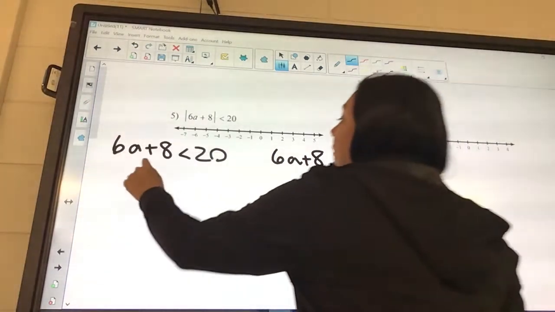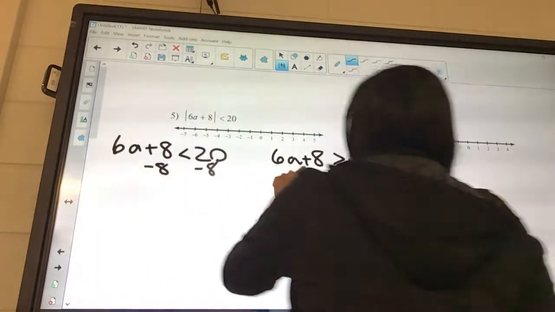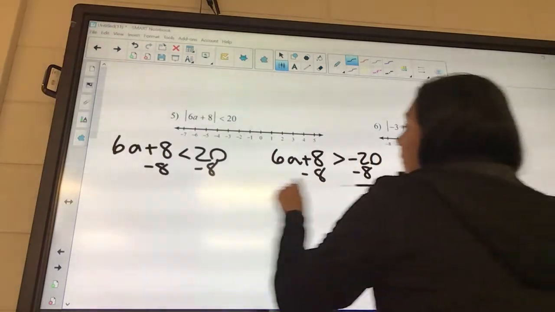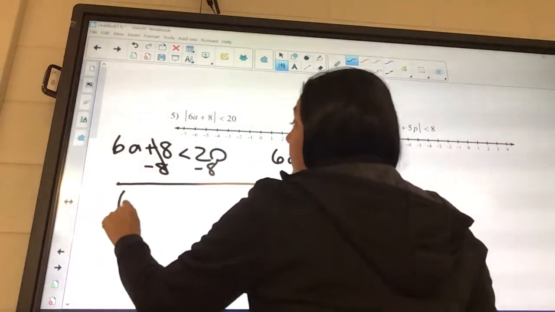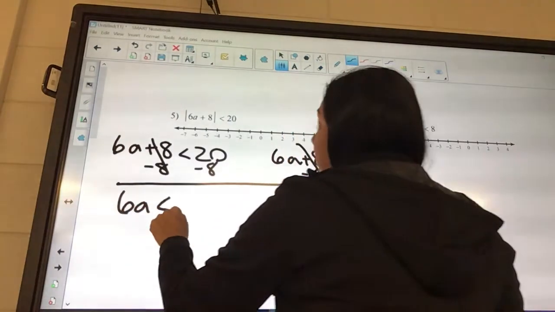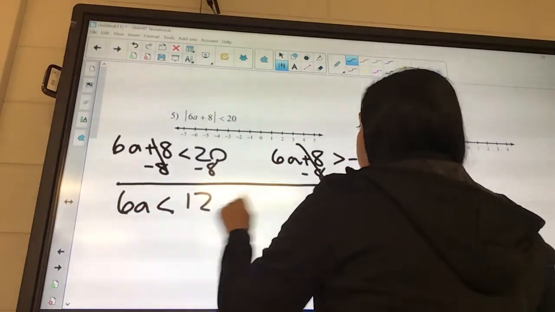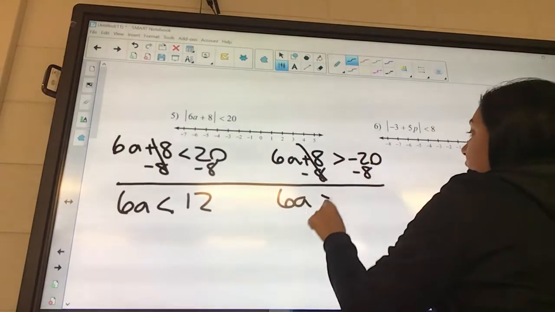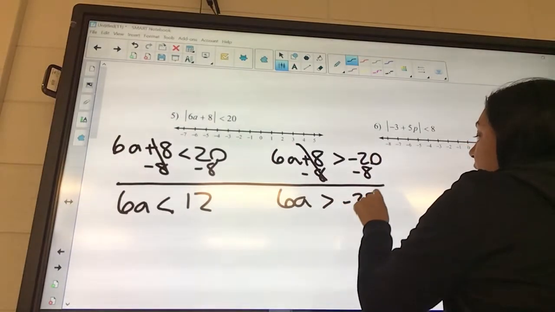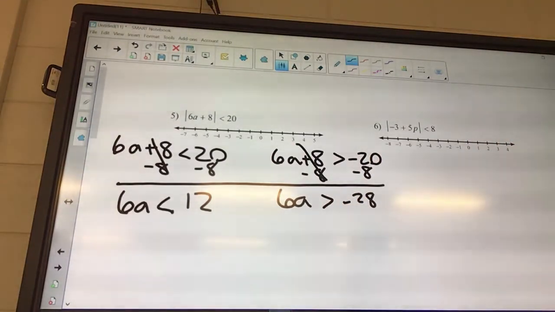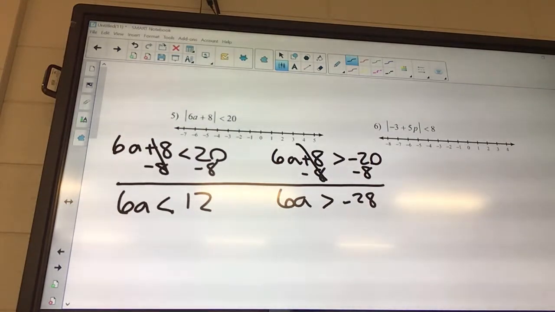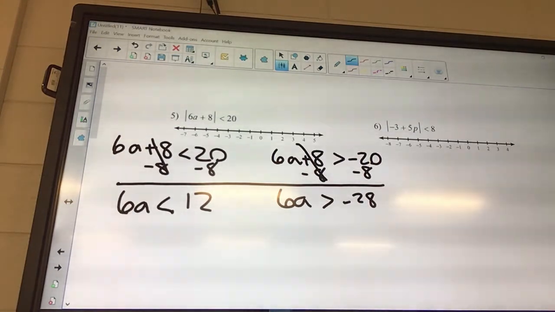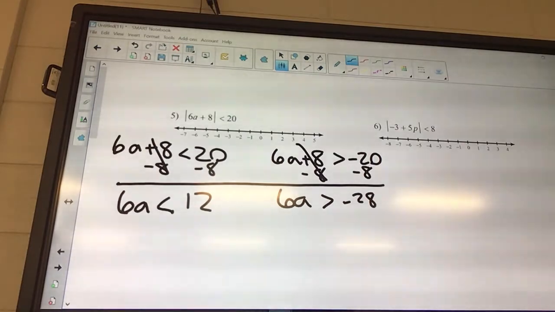Minus 8. Okay, so I got 6A is less than 12. 6A is greater than negative 28. Okay, and then what? Divide by 6.